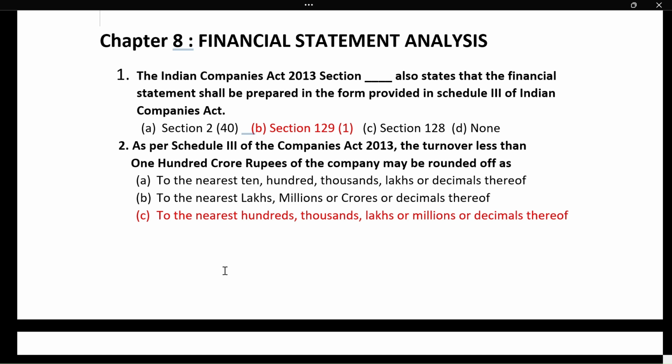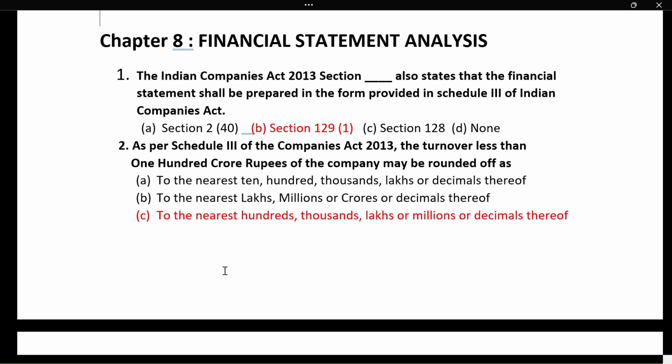The Indian Companies Act 2013, according to Section 129 subsection 1, also states that financial statements shall be prepared in the form provided in Schedule 3 of the Indian Companies Act. As per Schedule 3, these are all rounding off, so you can go through this.